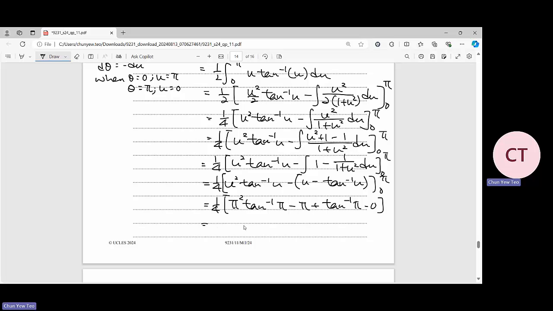So at the end, you will get (pi squared plus 1) over 4 arctangent of pi minus pi over 4 unit squared. Okay, so this will be the answer for question 7B.